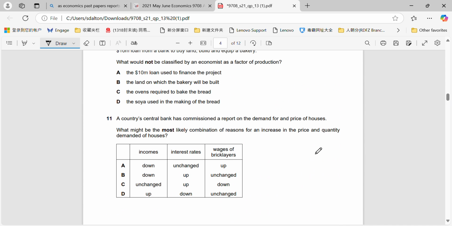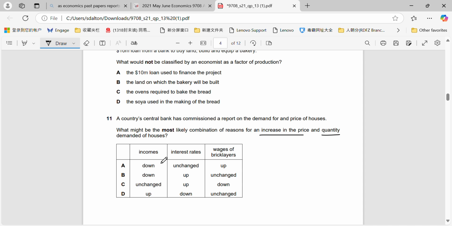Okay, question 11. A country's central bank has commissioned a report on the demand for and price of houses. What might be the most likely combination of reasons for an increase in the price and the quantity demanded of houses? Okay, increase in the price and the quantity.